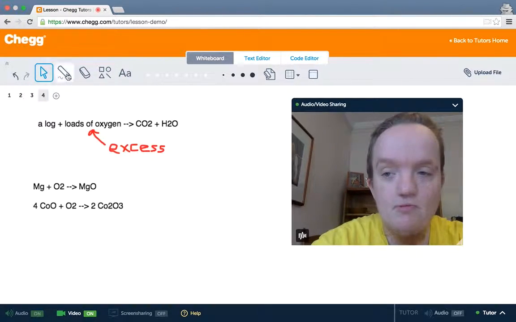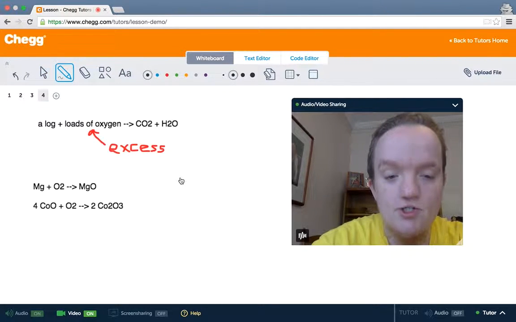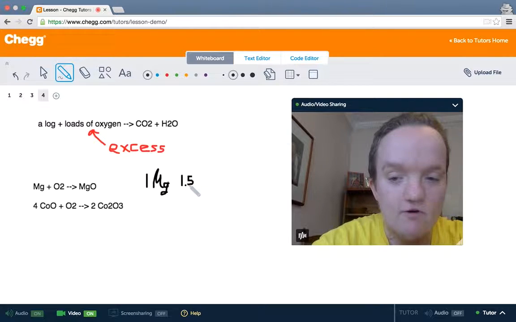So I'm going to assume here in this reaction, this combustion reaction burning magnesium to form magnesium oxide, that we have 1 mole of magnesium and 1.5 moles of oxygen. Now remember, this is a molecular level process.